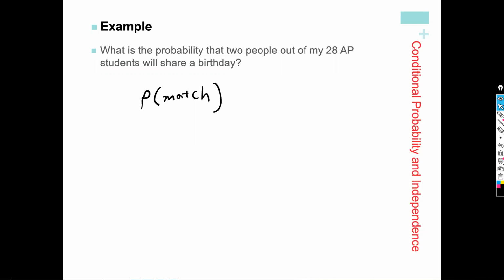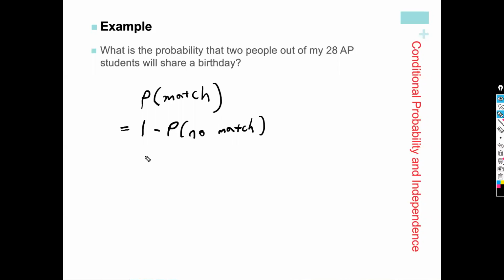But the easier way to think about the probability of getting a match here is to find 1 minus the probability of no match. That would be the easier way of doing this, is finding 1 minus the probability of none of them matching. And so that's what we're going to find.